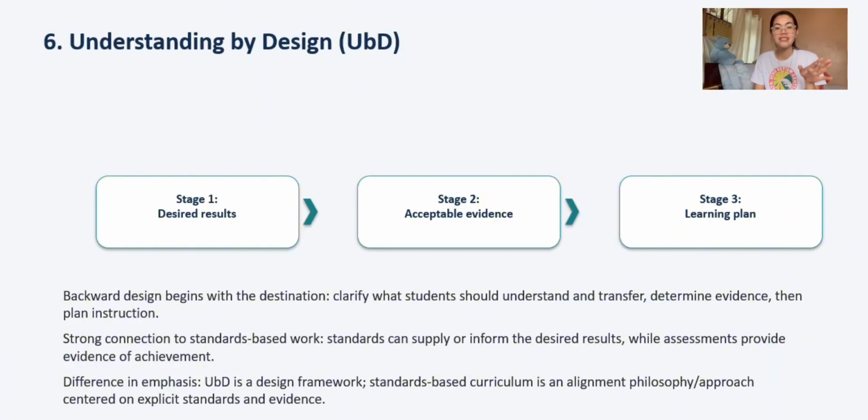The goal of this activity is to show that curriculum development is not simply about creating activities. It is about making sure that the standard, the assessment, instruction, and evidence are aligned.